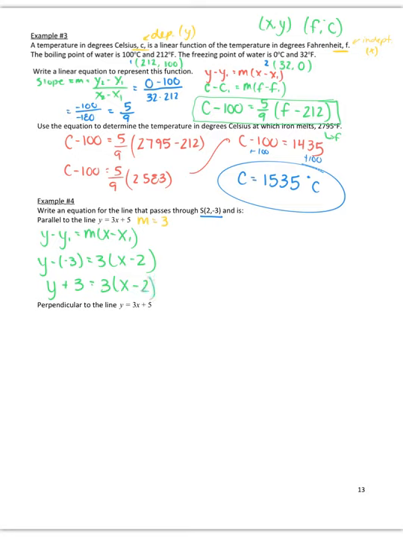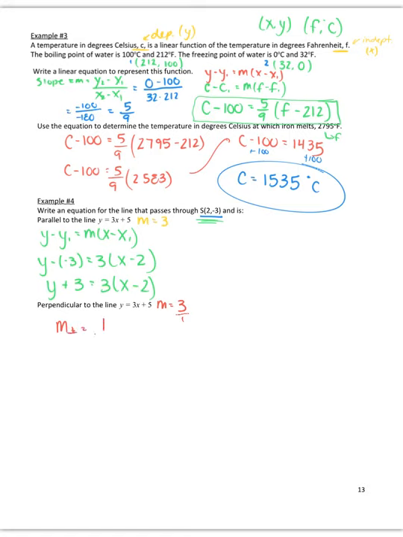We want a line that is perpendicular to the line y equals 3x plus 5 and also goes through this point still. When two lines are perpendicular, their slopes are the negative reciprocal. So again, the slope of this line is 3, technically over 1. So the slope of our perpendicular line will be the negative reciprocal.